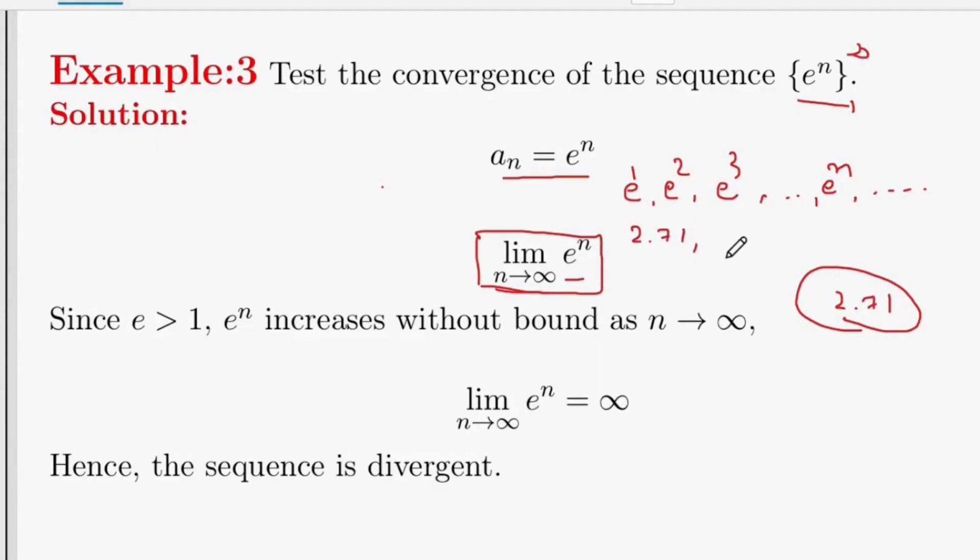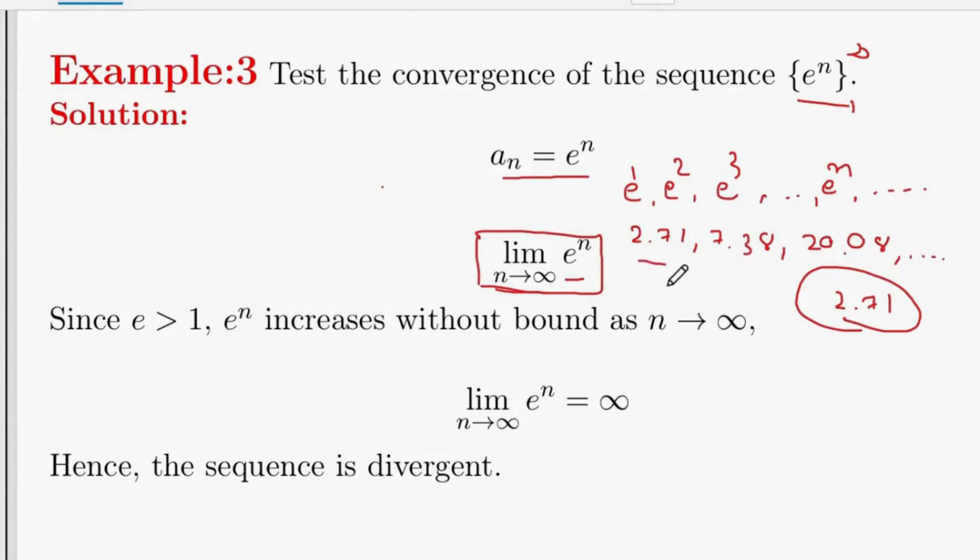Now what is the second term? e square. From the calculator you can find e square, which is approximately equal to 7.38. Now what is e raised to 3? e raised to 3 is equal to 20.08. Okay, and so on, an infinite number of terms. Now observe the values.